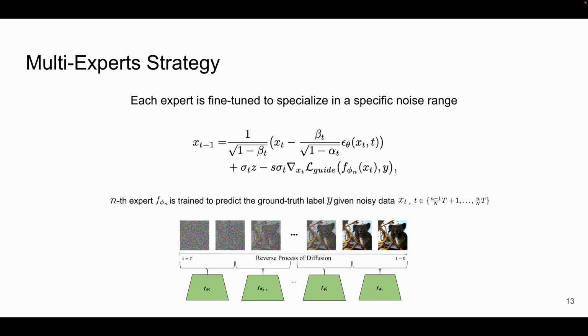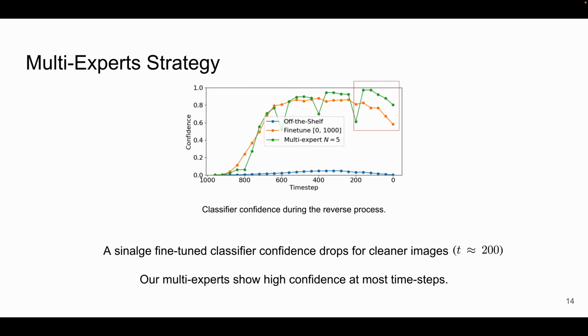Let's start with the details of the multi-expert strategy. In the multi-expert strategy, each expert guidance model is fine-tuned to specialize in a specific noise range. In the reverse process with guidance, the guidance gradient is given by the expert in charge for each time step. As a result, we can see that the time step specific confidence of the guidance model also improves significantly.